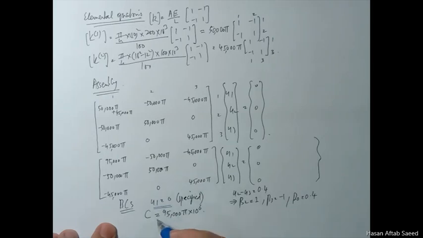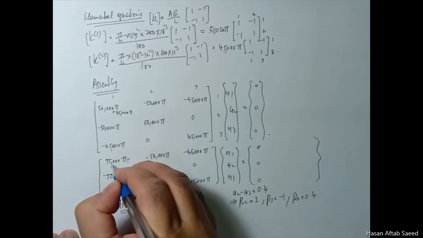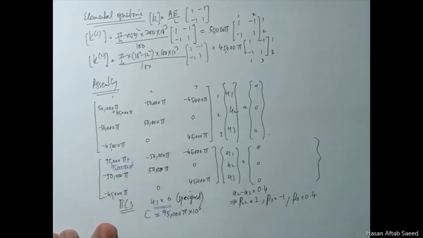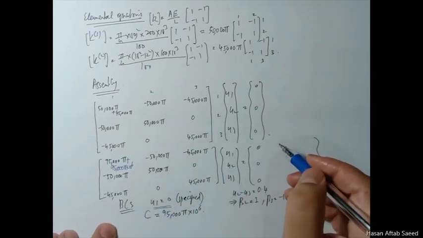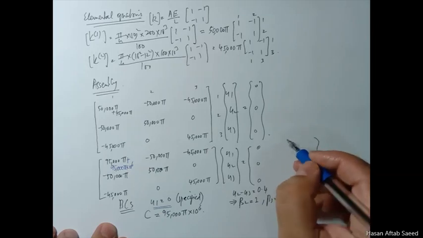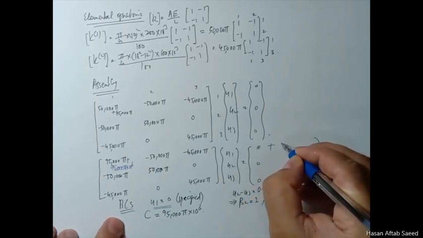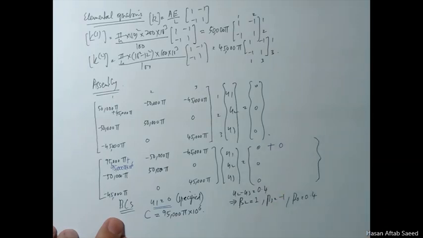We add plus c, 95,000 pi into 10 raised to the power 6. That is all we do. This is the simple penalty method. We just apply c here. And on the right hand side, we simply apply 0 here. Why 0? I'm going to explain.